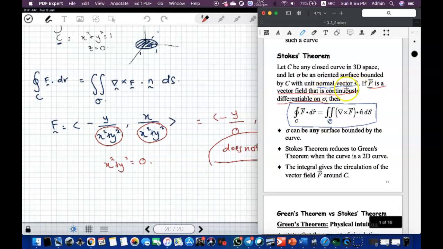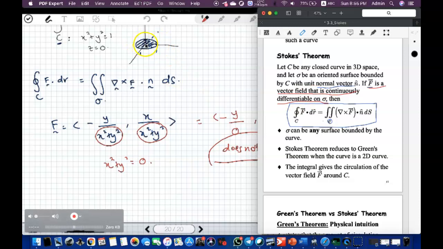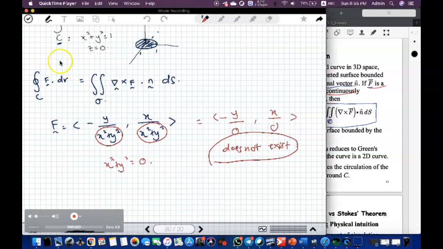The vector function is not continuously differentiable on the surface sigma because the value here does not exist exactly at the origin, where the origin is part of the surface. That's why you cannot use the Stokes theorem for this one, because when you compute the left side and the right side, the answer will not be the same.